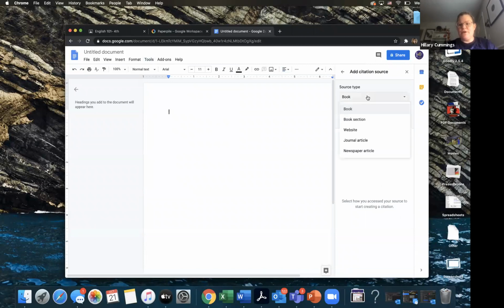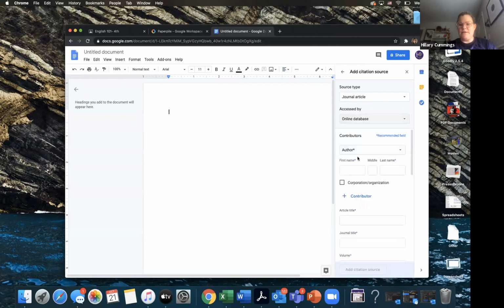So if we go up here and we're saying it's a journal article, which we all should be working with, and then we've accessed it through the Gale Academic OneFile, which is an online database, then all we have to do is fill out these things and it will create your citation for you. So there's really no reason that you would have an incorrect citation, right? Pretty neat. So definitely use that tool, okay?